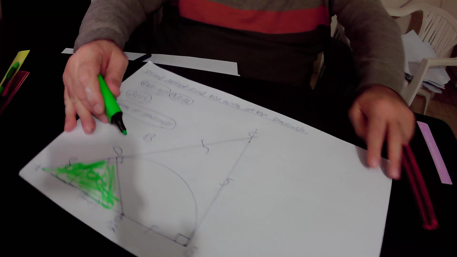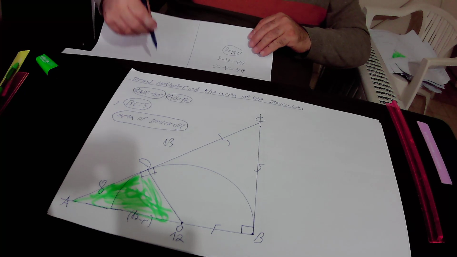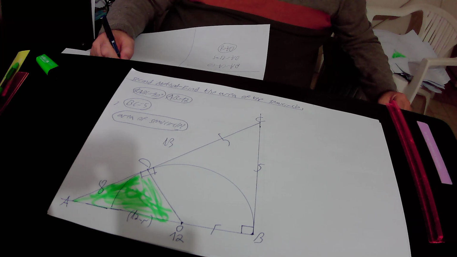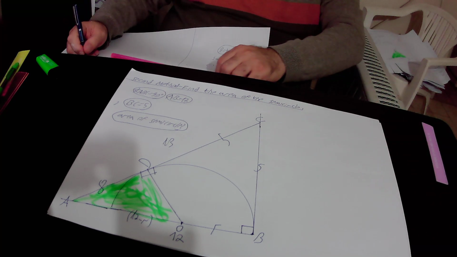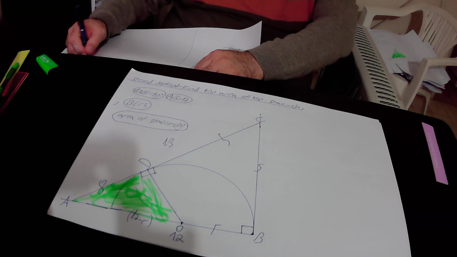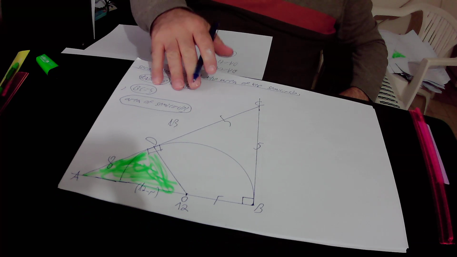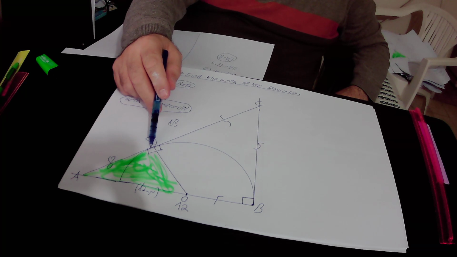So in the right green triangle, triangle ADO, according to the Pythagoras theorem, the hypotenuse is OA because it is in front of the right angle.